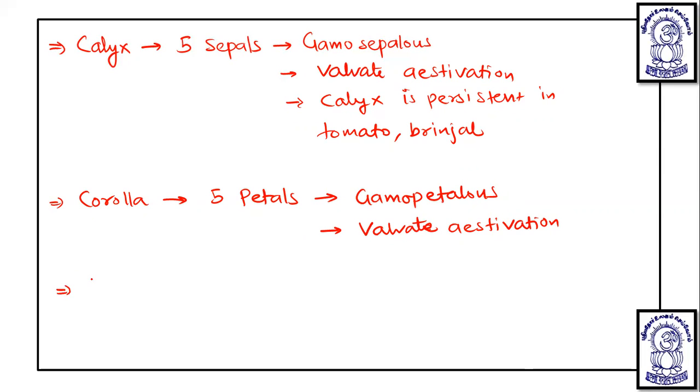After corolla, if you talk about androecium, then in androecium there are five stamens, and these stamens are free.